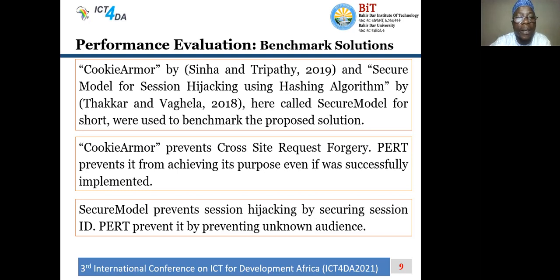OKAMO prevents cross-site request forgery, where Secure Model prevents session hijacking, but our solution prevents the hijacker from receiving information that is not due to it by throwing a challenge to the attacker. If the attacker fails the challenge, the information that it requests will not be sent to it. Otherwise, if it passes the challenge, then the information will be sent to it.